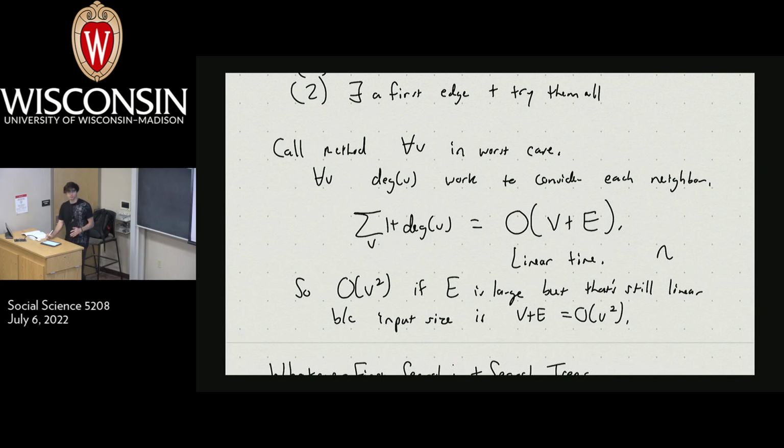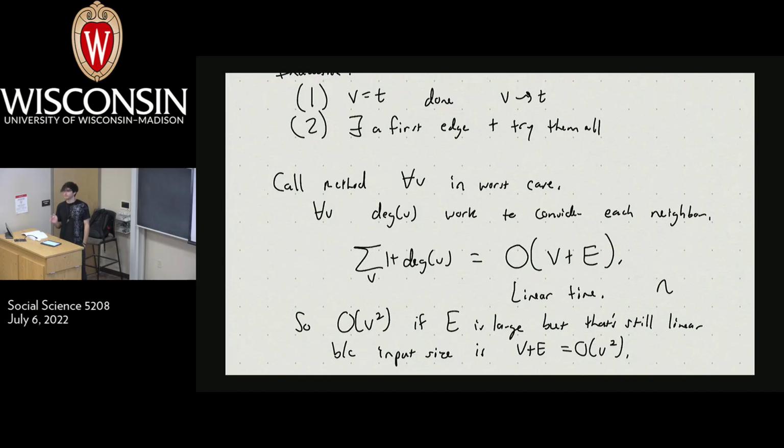Okay? So just to clarify, these parameters we're looking at, even though they might be quadratic or larger, it could still be a linear method because linear is with respect to the input size, not necessarily to these parameters. These are just things that are associated with the input size. It's not the same as the input size.